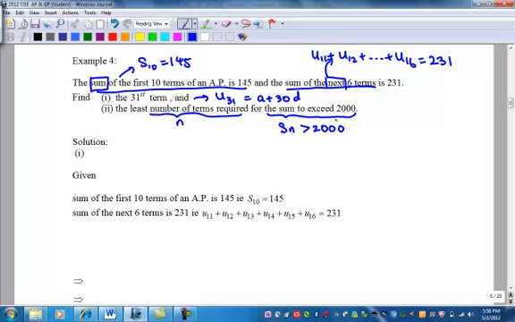To start off part 1, we need to make use of the information given. That is, the sum of the first 10 terms is 145, and the sum of the next 6 terms is 231.